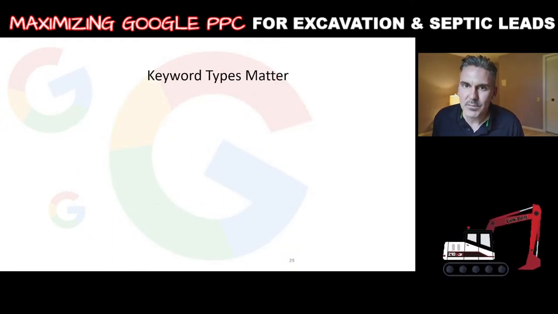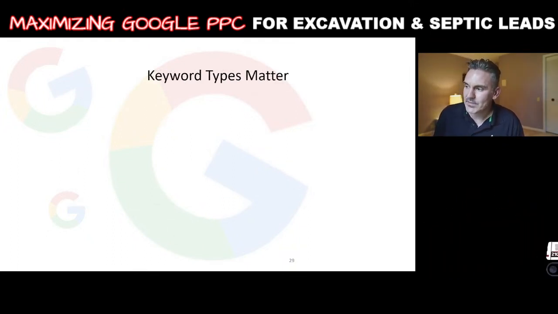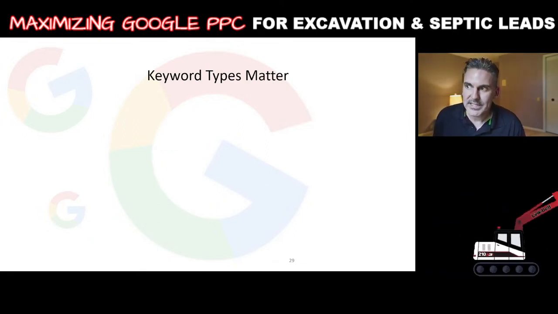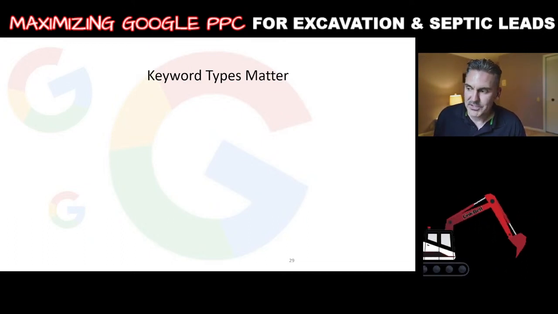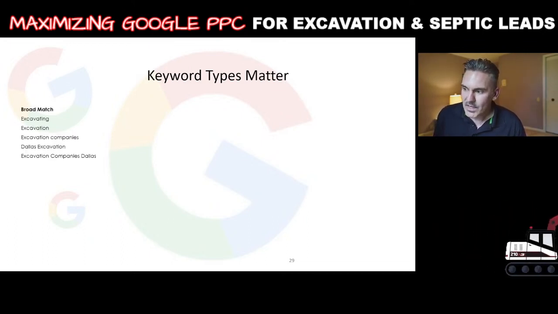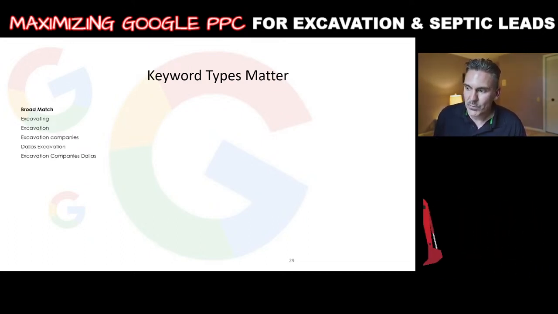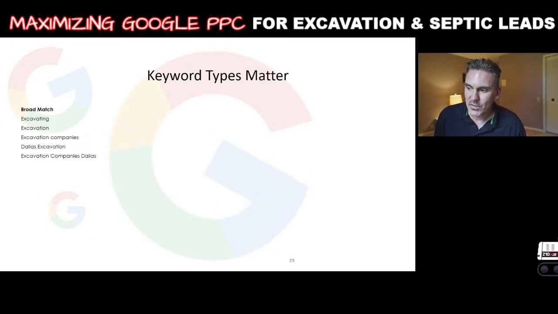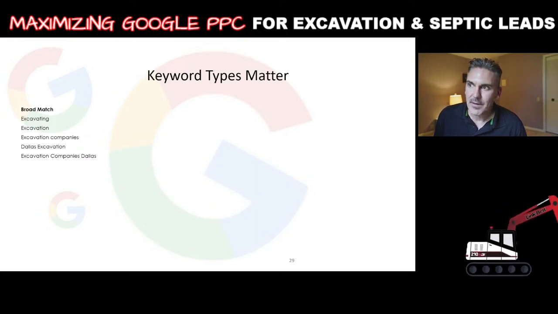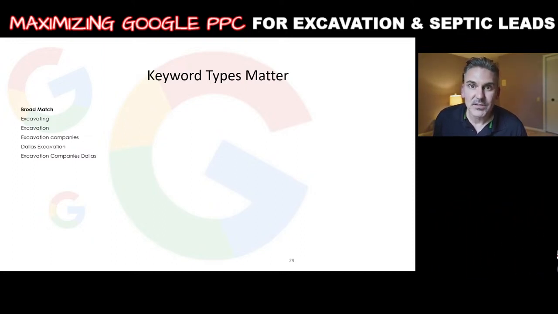And then keyword types matter. Let me give you some examples. This is a great way to not overspend your budget. Broad match would be targeting keywords just like that, excavating, excavation, and so on. The problem with that can be that if someone were to type in excavation jobs or excavation jobs near me, your ad would show up.